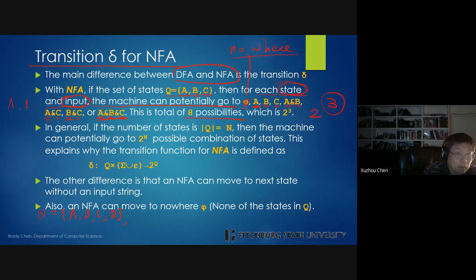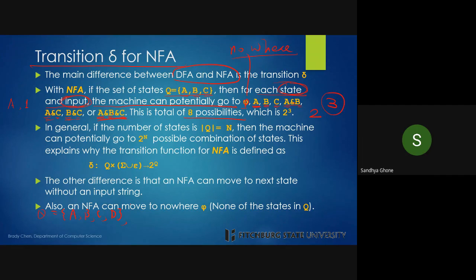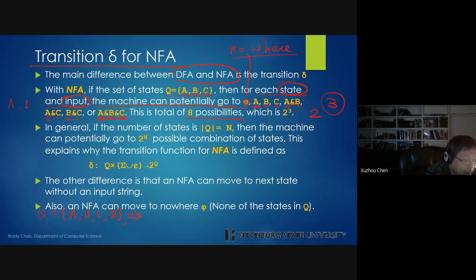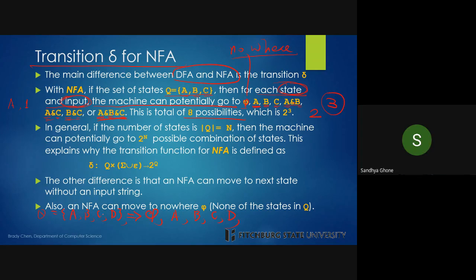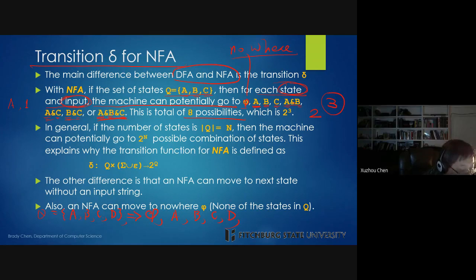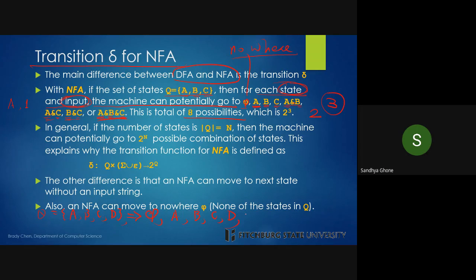I hope 16. Okay, 16. How? Let's see. It can go to nowhere. It could go to A, could go to B, could go to C, and it could go to D, right? Just one single. And it can go to AB.